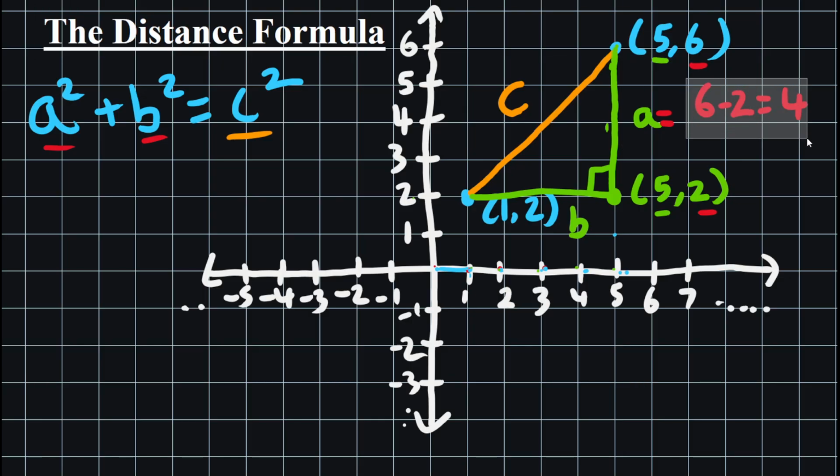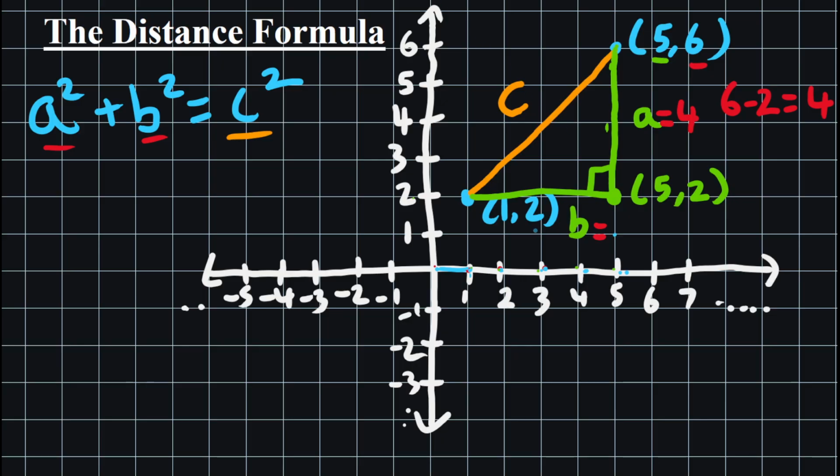Let me just move this. Let's move it over here. And A is simply 4. Good, so we found A. And now let's find B. So what does B equal to? And again, let's take a look. B is the distance between this point, 1, 2, and this point, 5, 2.